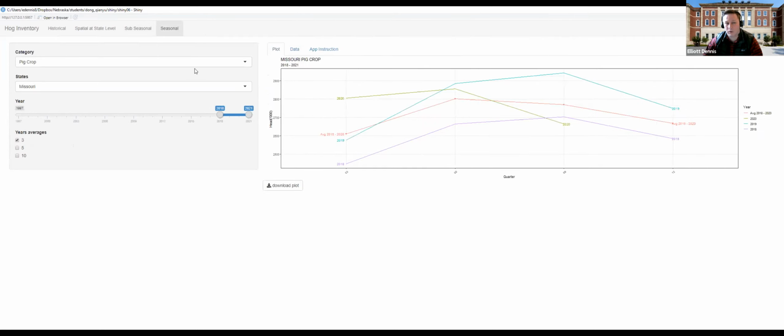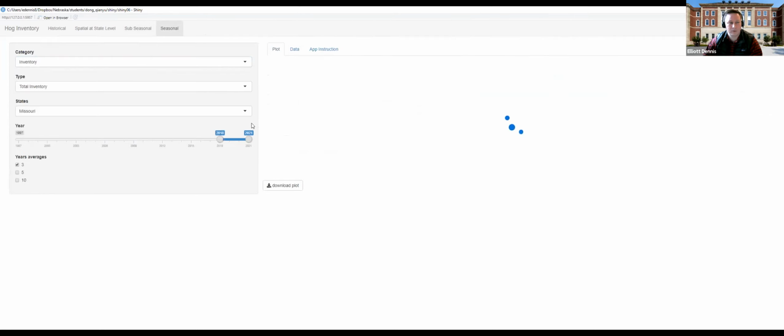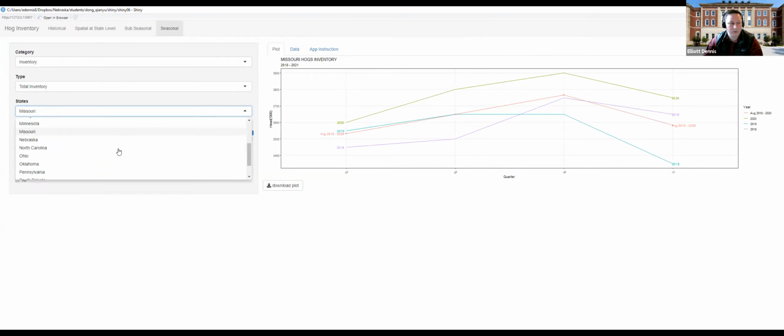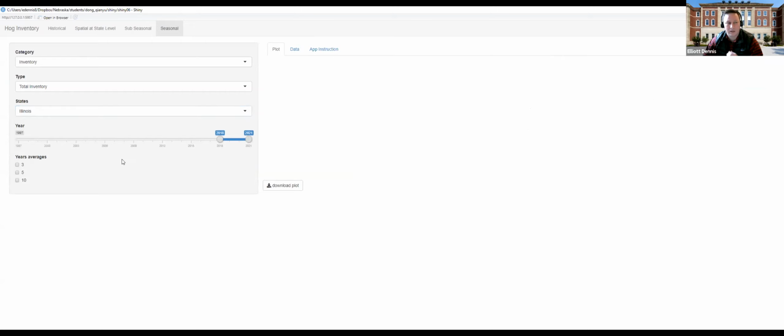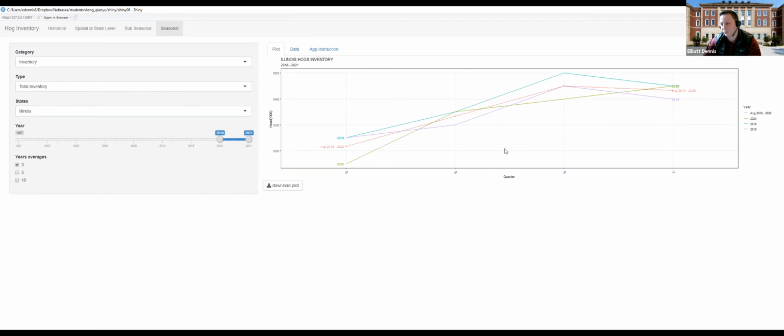And then we have quarterly. I'll go to inventory and we'll go to Illinois so we're consistent. This allows me to plot the data itself.